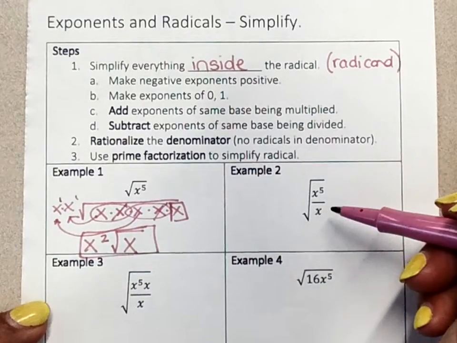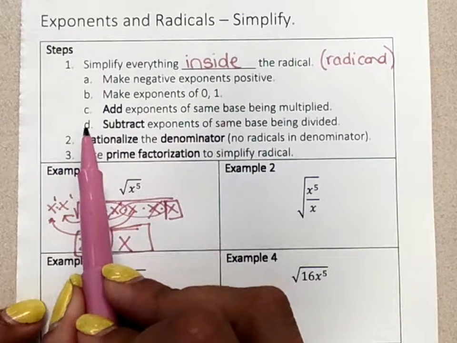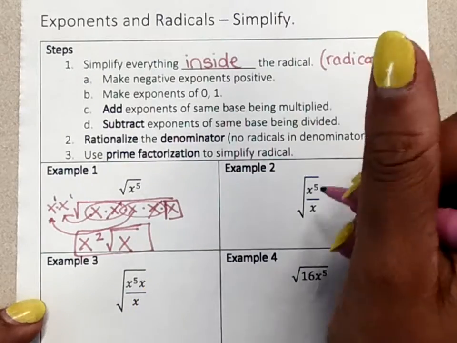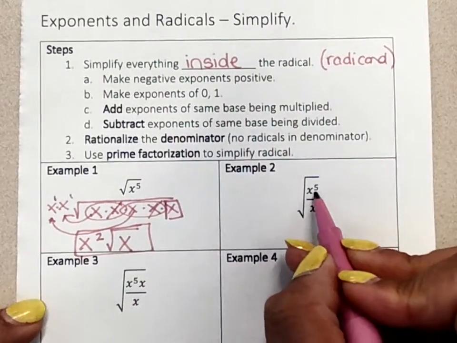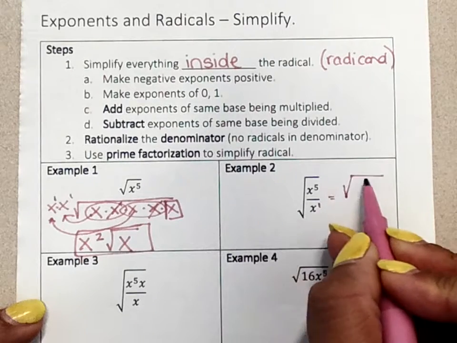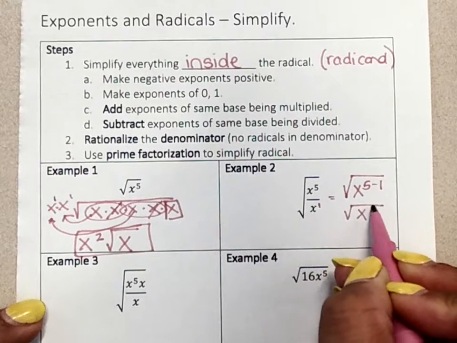In example 2, we are going to go to D, subtract exponents of same base being divided. So I know that x to the 5th, take away 1, becomes x to the 4th.